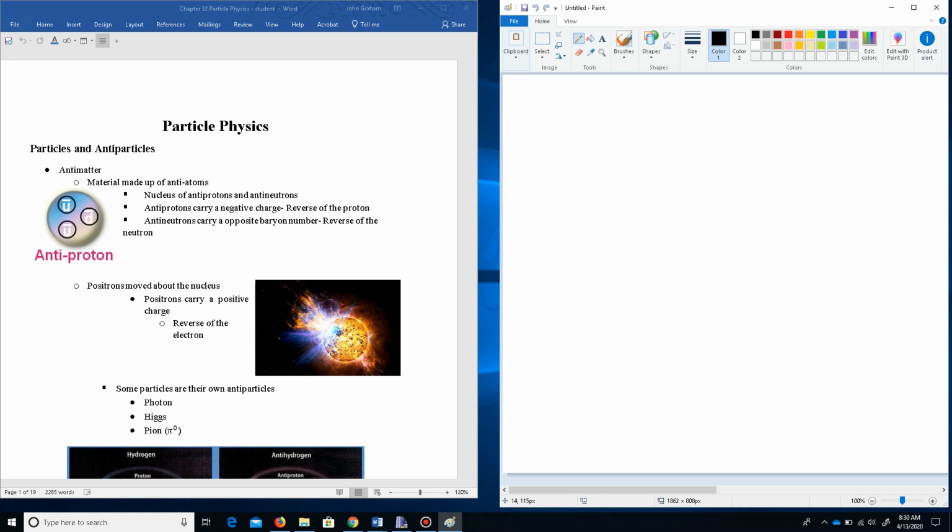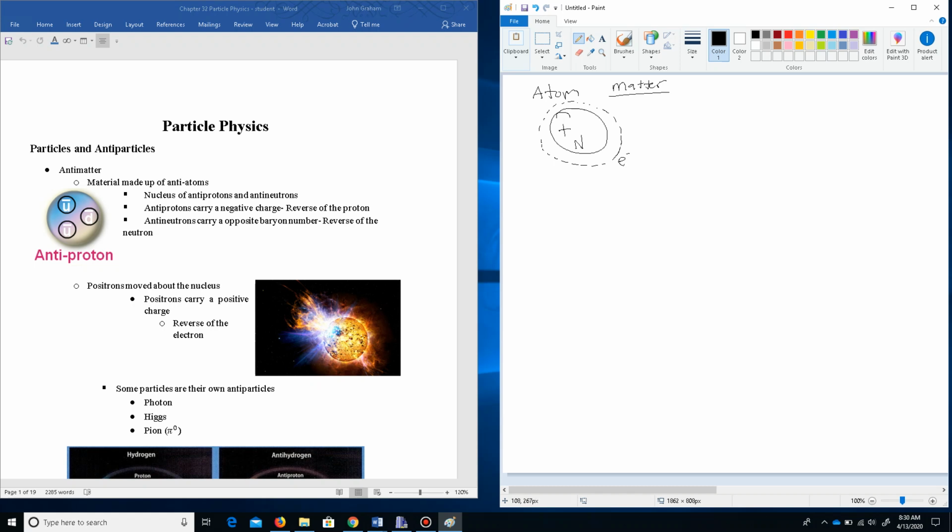So, we know with a regular atom that we have a nucleus that has protons and neutrons, and then we have orbits around it that contain electrons, and this makes up matter.